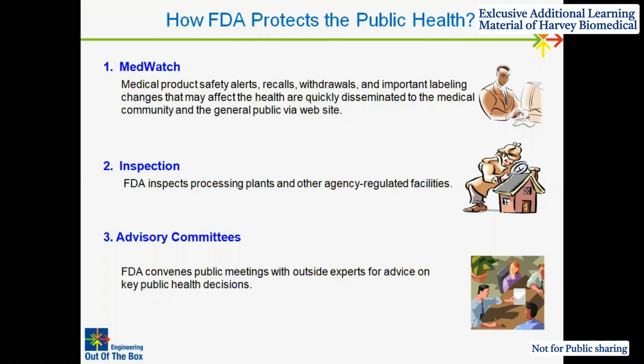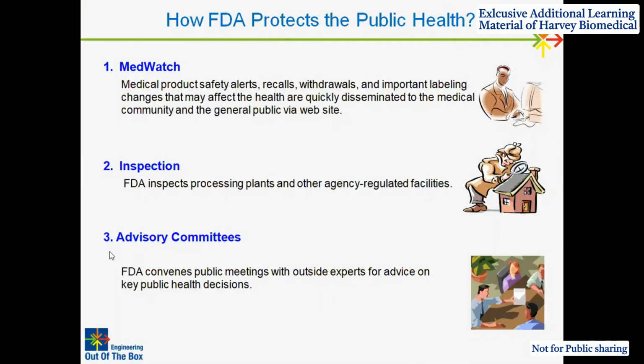Coming to inspection: FDA inspects processing plants and other agency regulatory facilities. It means FDA will do the facility audits. If you see the medical device, is the facility meeting 21 CFR 820 or not? If the facility is meeting the QMS requirements, then only can they go for the manufacturing of the medical device.